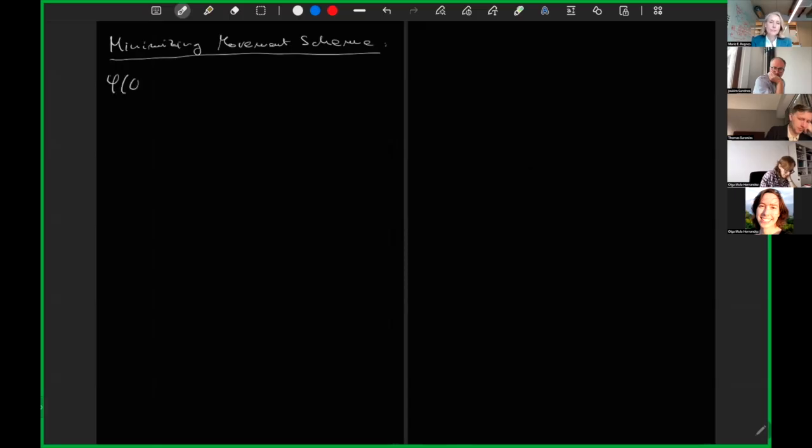So we are going to introduce here a minimizing movement scheme, which is going to be as follows. At time n+1, I'm going to introduce a time discretization. The solution at time n+1 is going to be approximated by gradient flow in this setting, which is going to look as follows.